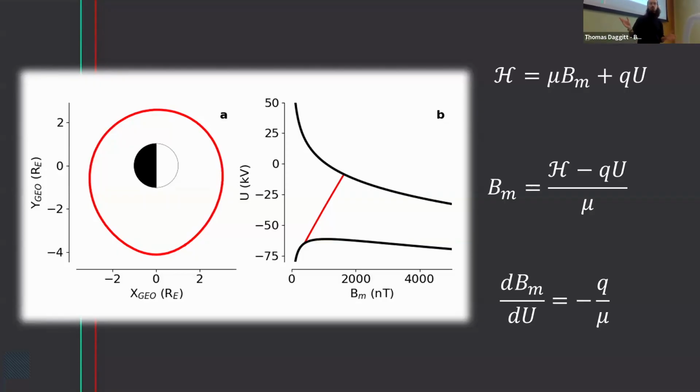And if we look at this graph, we can get a few different bits of intuition about the particle behavior. On the x-axis is the magnetic field strength. The magnetic field strength is higher the closer you get to Earth. So the right-hand side, where it cuts off, is the surface of the Earth, effectively. Particles that go off the right-hand side are drifting into the surface of the Earth, and effectively what they'll hit first is the atmosphere.